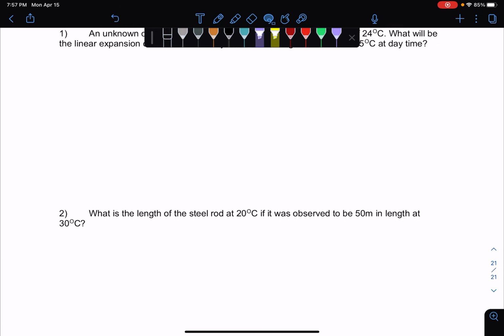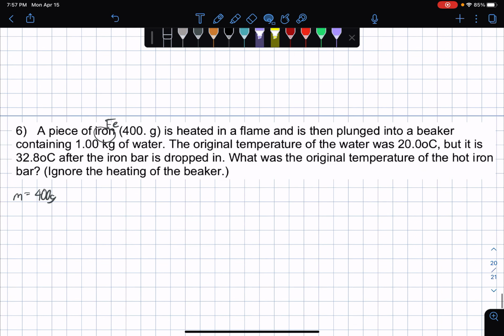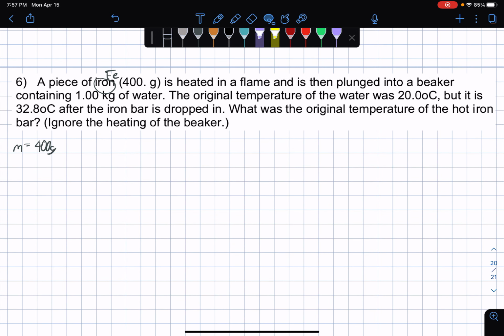This is already thermal expansion. Sorry. How do we answer this kind of question?